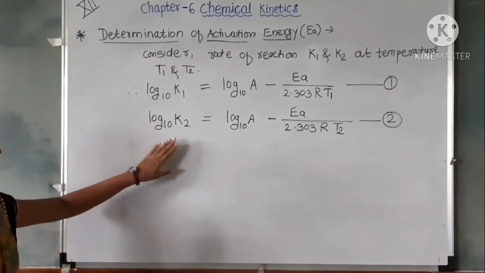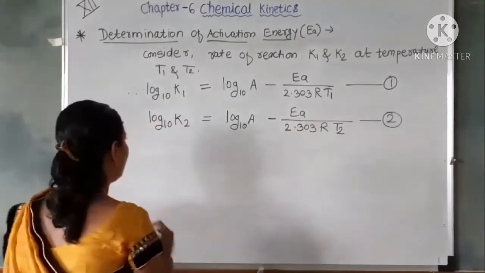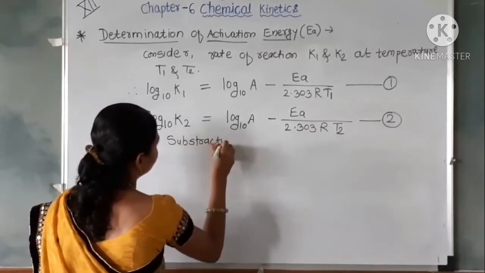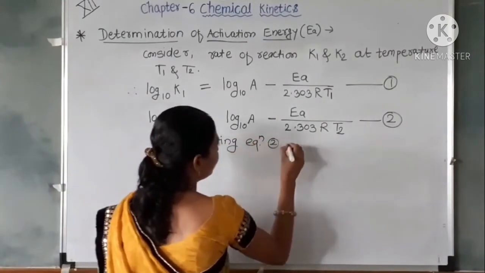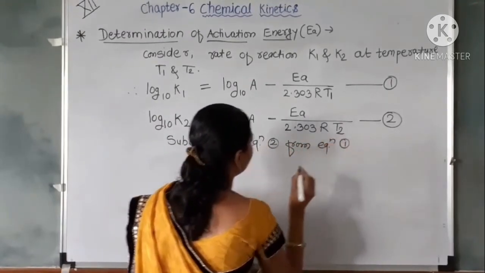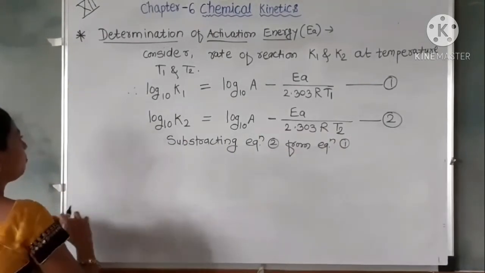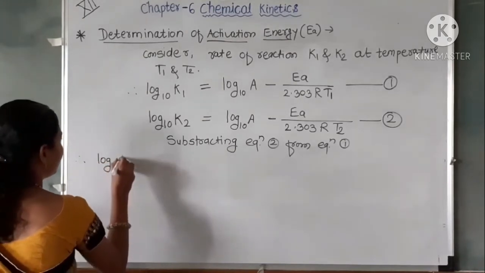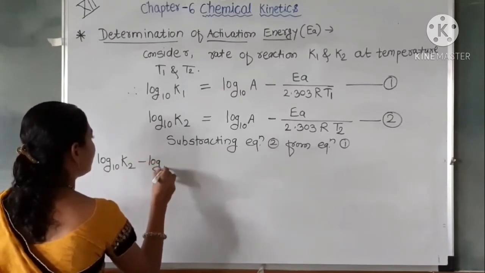If we subtract equation 1 from equation 2, we get log to the base 10 k2 minus log to the base 10 k1.